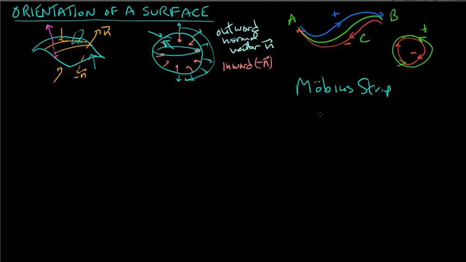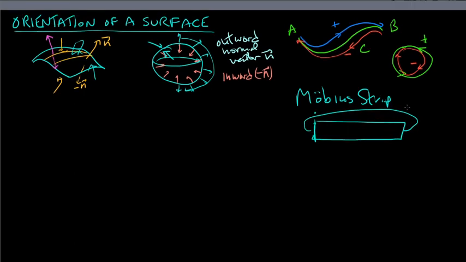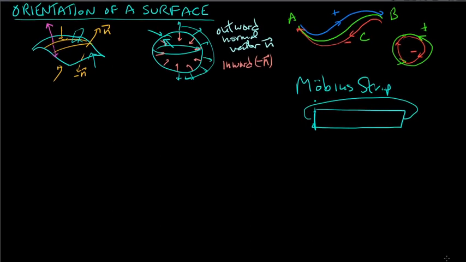So you take a strip of paper like this, and if you fold it in on itself, take the left side and connect it to the right side, you can do that one of two ways. If you keep it the same, all you get is this little ring or cylinder, a short cylinder.